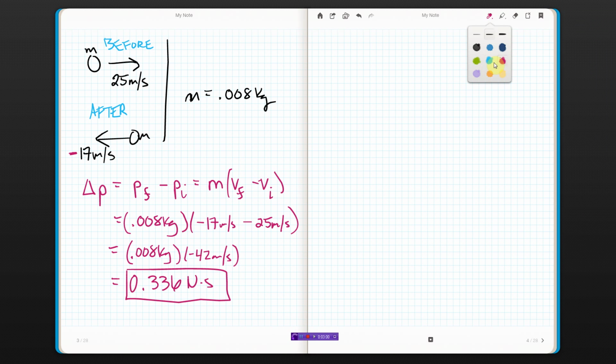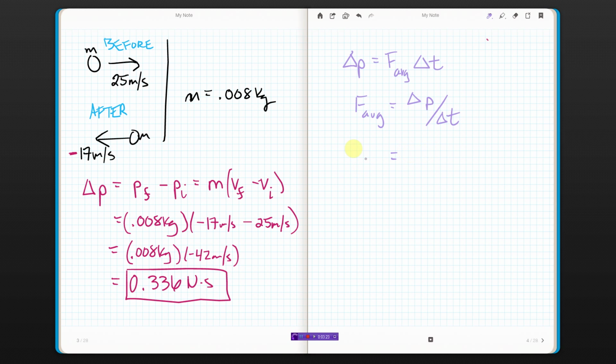Okay, so I know that change in momentum is the same as F average times delta T, which means the average force exerted on that ball would have been the change in momentum over the change in time.